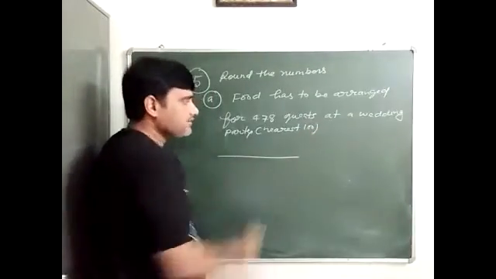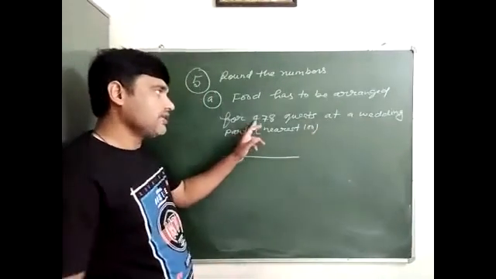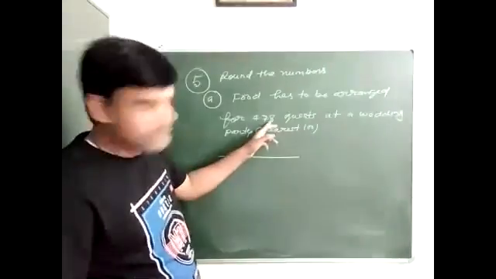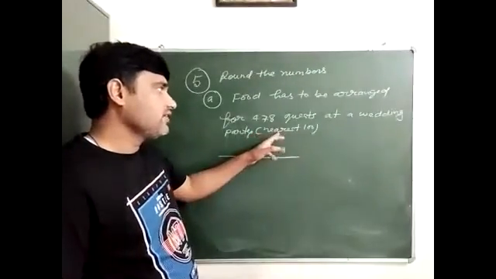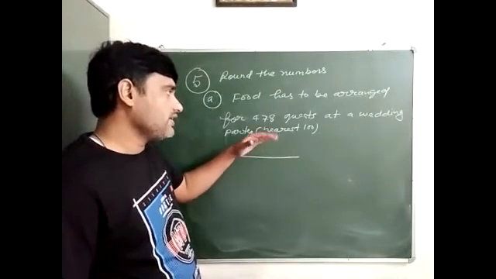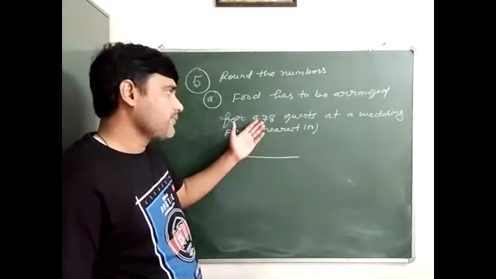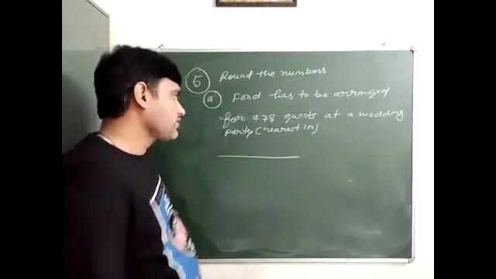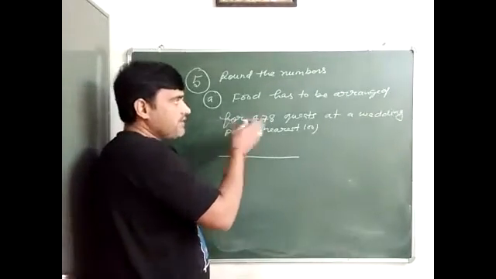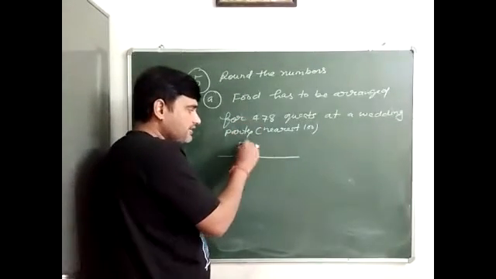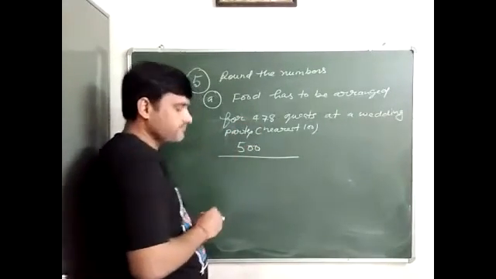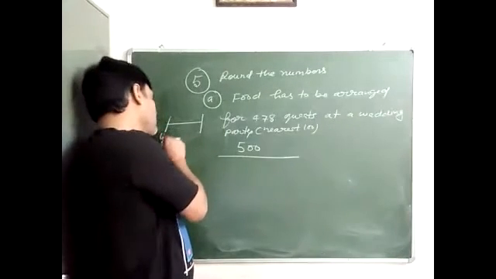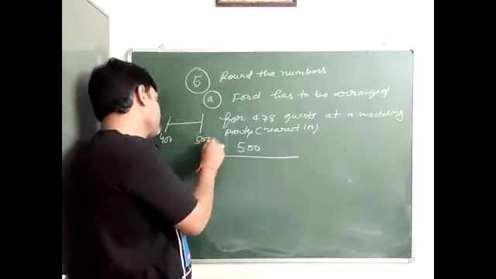Here you see that 478 is nearer to 500. Okay, so when we round it, we get 500. Understand? In this way, 400, 500.